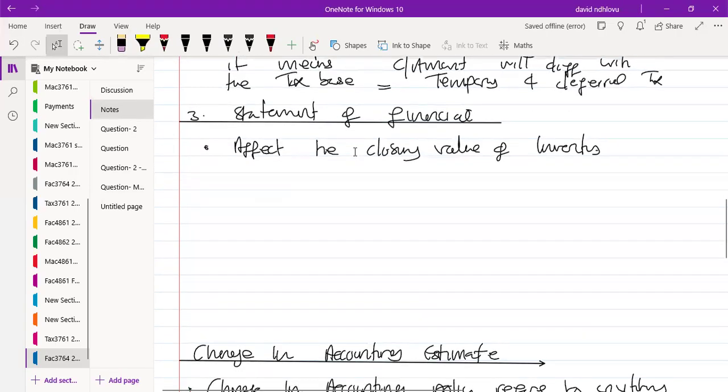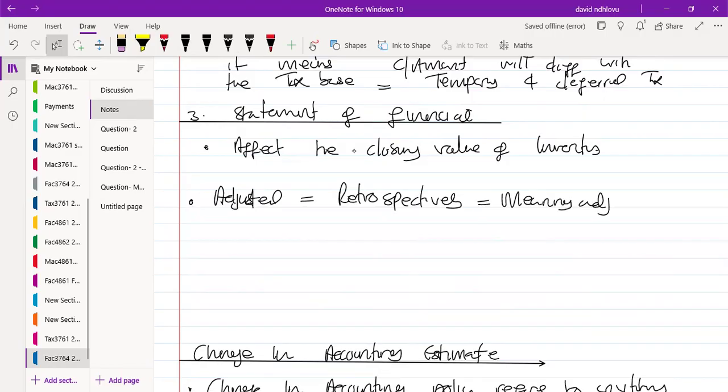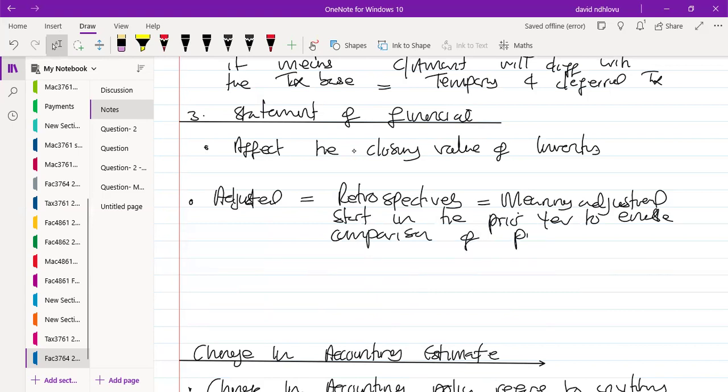A change in accounting policy is adjusted retrospectively, meaning adjustments start in the prior year, to enable a comparison of prior year and current year based on the same policy.